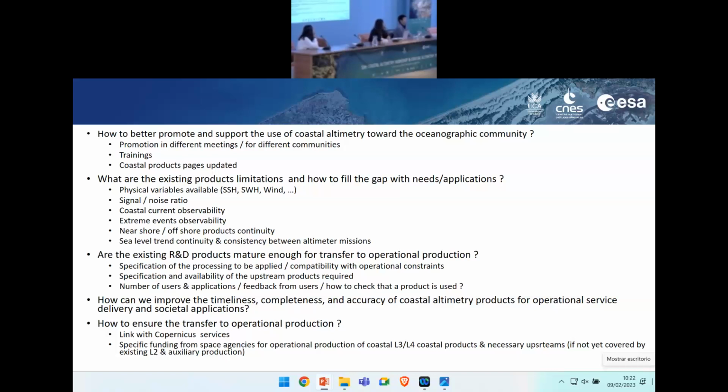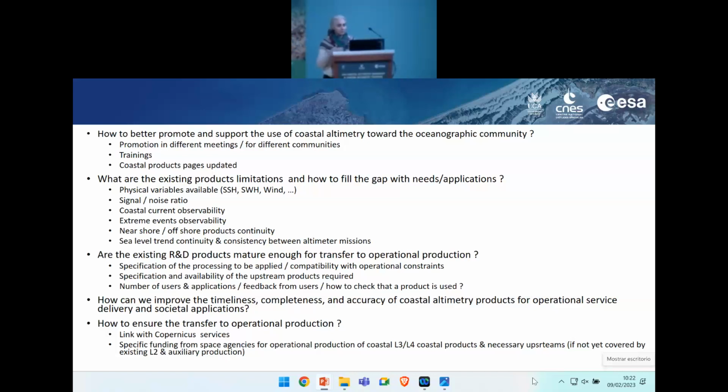It's the same question that was asked in session 1 on Tuesday. If I can give my opinion on the continuity between the coast and offshore product, I think it's very important to have a continuity of the signal between the two areas. Maybe not different processing, but that ensures the continuity of the different variables like sea level, significant wave height, and so on.